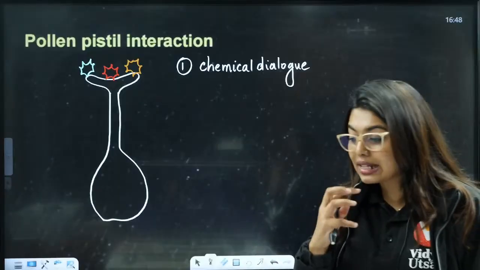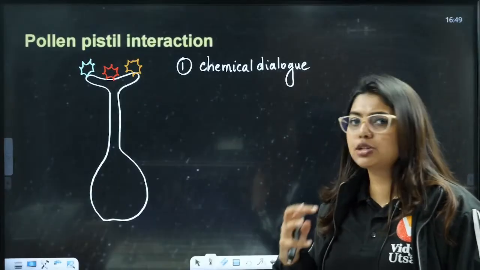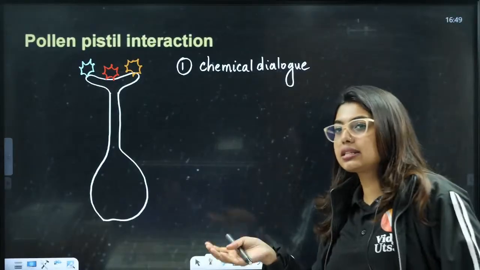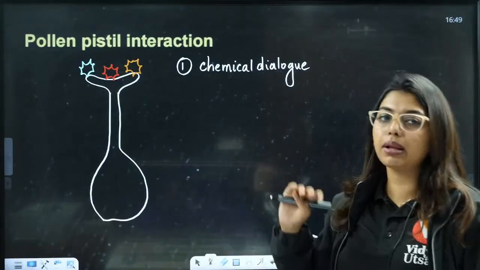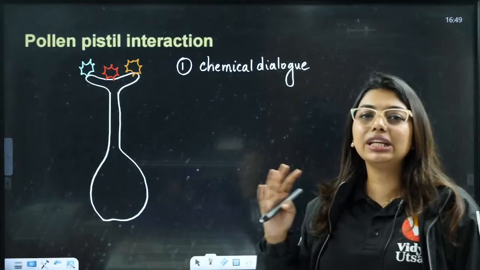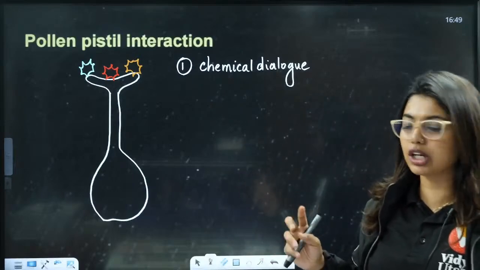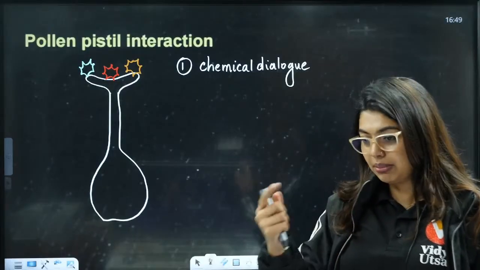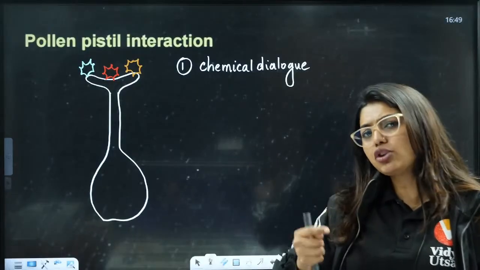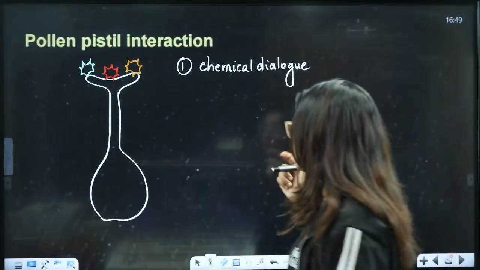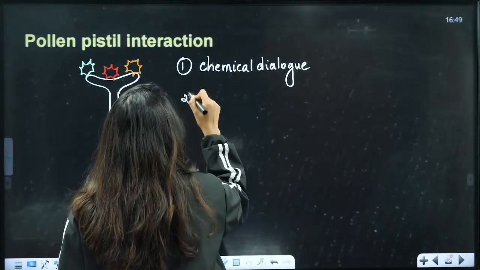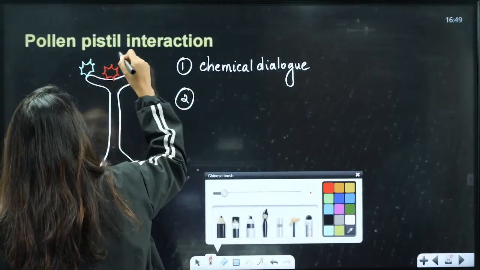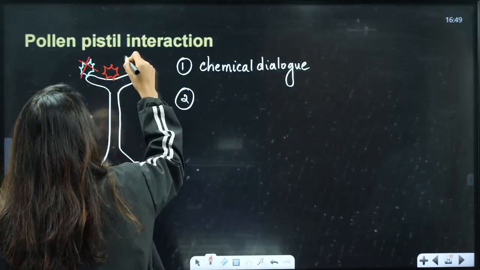So our chemical dialogue, in the marriage proposal, first I will talk about what I like, this is my passion, this is my hobby, and so on. After that only the communication of the marriage proposal will come. So first some chemical dialogue is exchanged, then they will decide that okay, we have to go further with it. After the chemical dialogue, the second step: let's take an example, the stigma rejected this fellow and rejected this fellow.